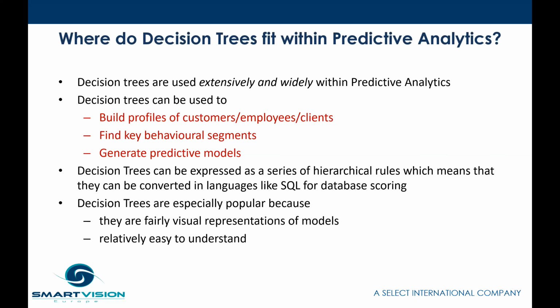But it also allows us to effectively generate a predictive model. We could potentially use a decision tree as a predictive model, apply it to new data, and have it produce predictions for us. And that's because decision trees can be expressed as a series of hierarchical rules, which means it can be converted into languages like SQL for database scoring, but can also be expressed in SPSS syntax languages.